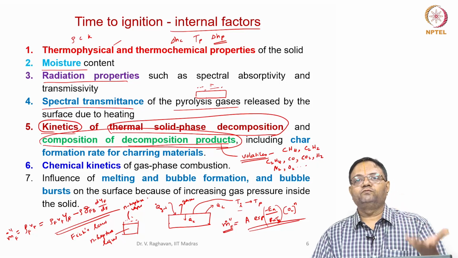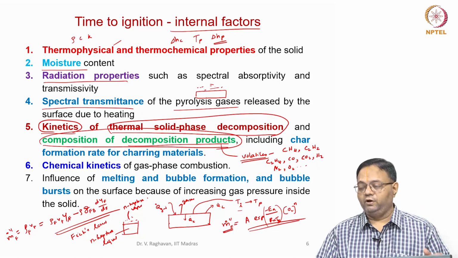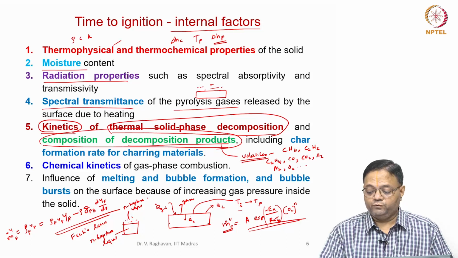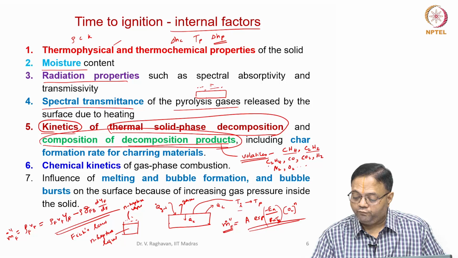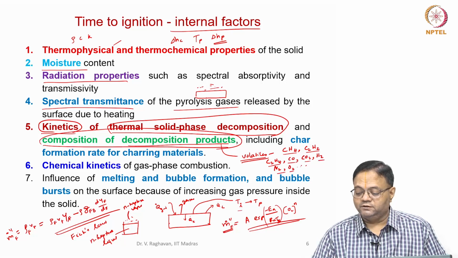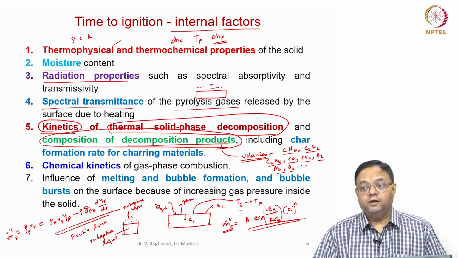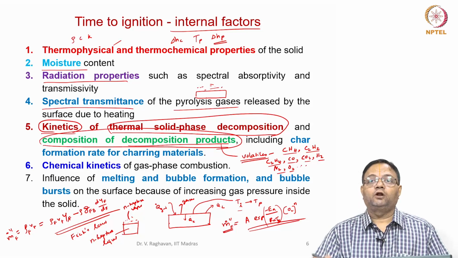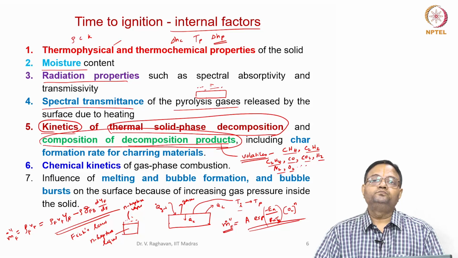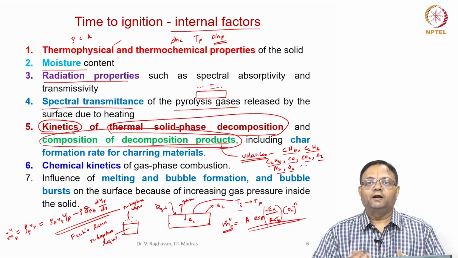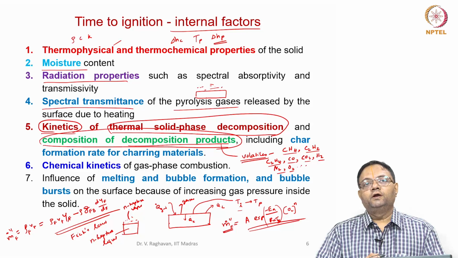So the composition is very much clear in the case of liquid fuel. But in the case of solid, when volatile gases come out, they can be composed of several gases like this, and the volumetric percentage or mass percentage of these cannot be easily analyzed, because it will vary.